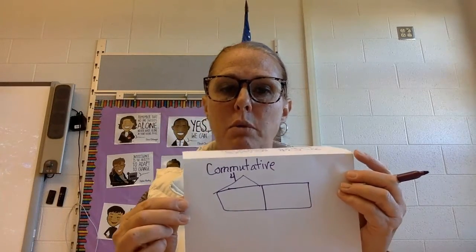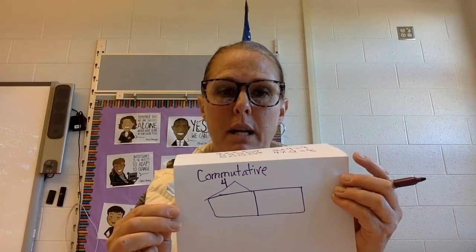We have 4, don't we? So I'm going to show 4 up top there, and I'm going to draw 4 in each box. And then our total down below is going to be 8. So that's 2 boxes times 4 equals 8.